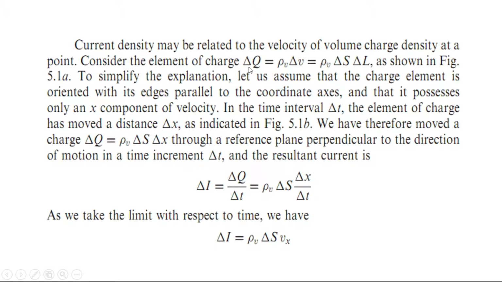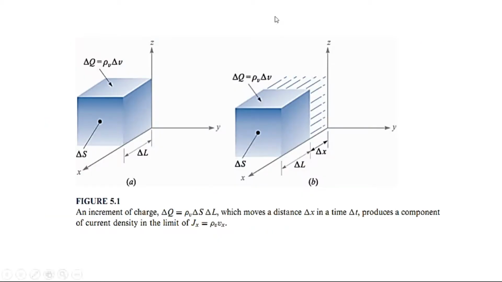Consider the element of charge del Q, and del Q is equal to rho v del v. Like I told you, the volume charge density is the differential charge by the differential volume. So we can write del v as del S del L. If we look at this figure, we have a distribution of charges over the volume, and this distribution of charge is moving along the x coordinate.